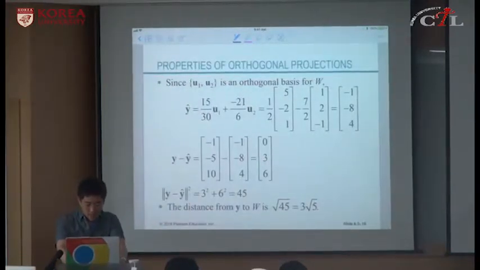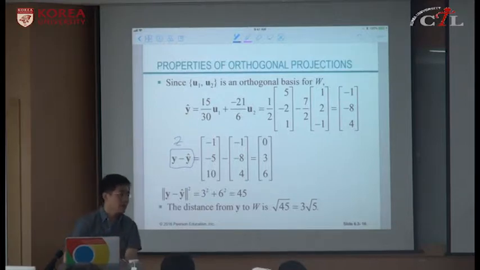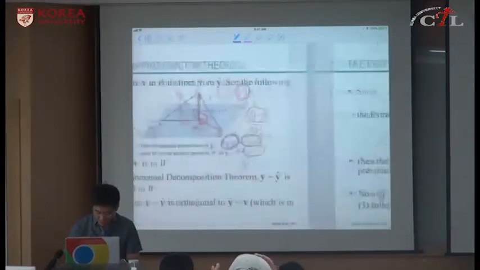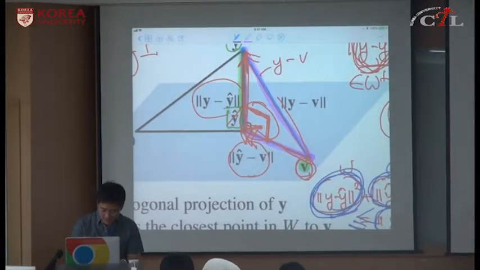Okay, and you can also compute the amount of the error, right? So this is our z vector, and the length of this vector is how much error we have, right? If we compute the norm of y minus y hat, it's just this length.